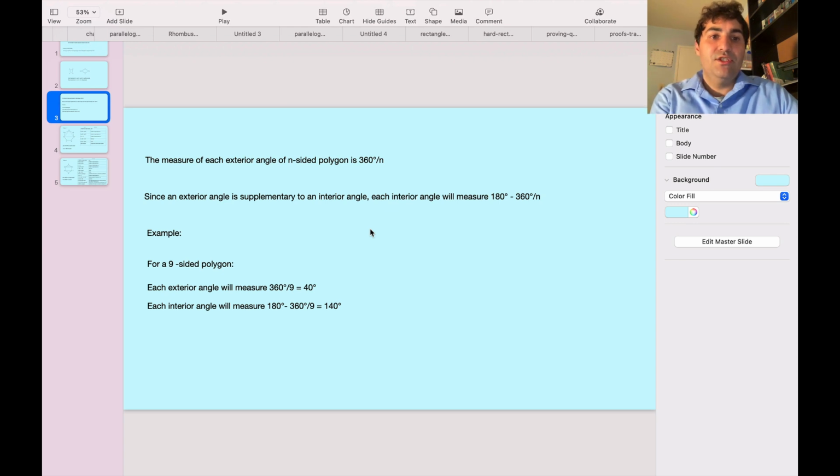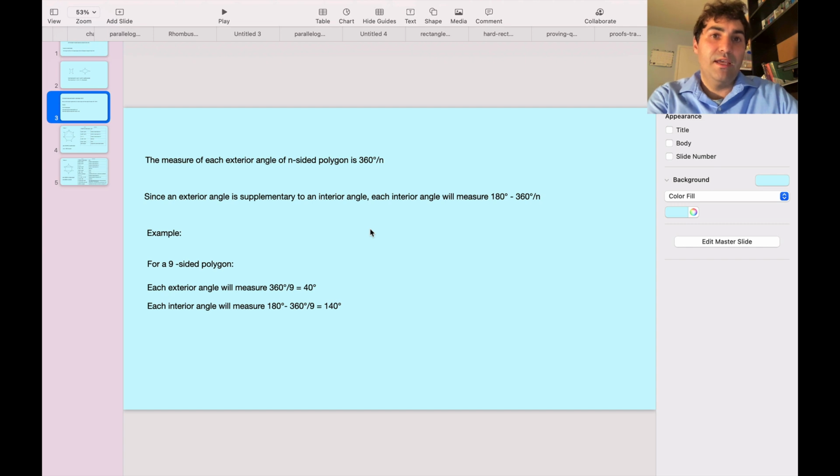Okay, the measure of each exterior angle of an n-sided polygon is 360 degrees divided by n. Since an exterior angle is supplementary to an interior angle, each interior angle will measure 180 degrees minus 360 degrees divided by n.